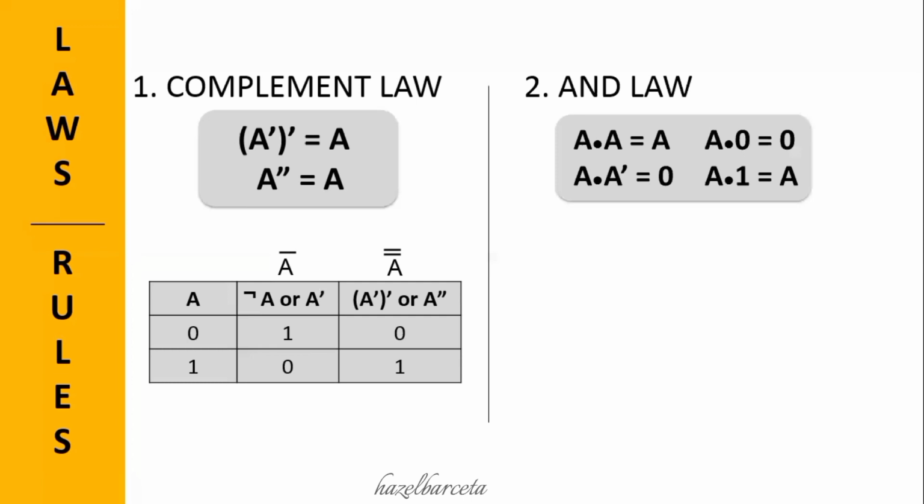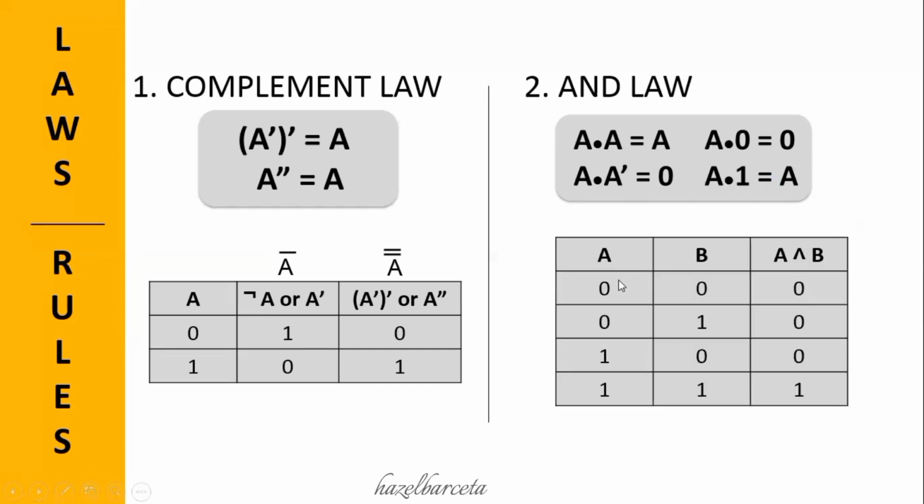So, the second law is AND law. We have 4: A times A is equal to A, A times A prime is equal to 0, A times 0 is equal to 0, and A times 1 is equal to A. So here, let's check. When A is 0, and siyempre, another A is 0, our output is 0, which is also A. So that is why A times A is equal to A. Times, kasi AND.